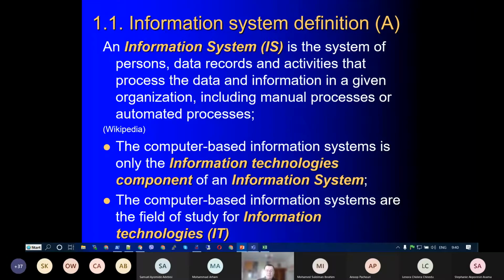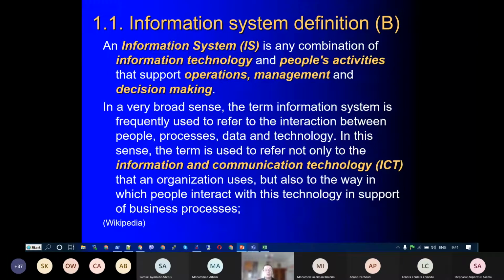But computer-based information systems are the field of study for information technologies as a scientific area, and in modern times when we talk about information systems, we always consider that we are speaking about computer-based information systems. Another definition: information systems are a combination of information technology and people's activities that support organization, management, and decision-making.